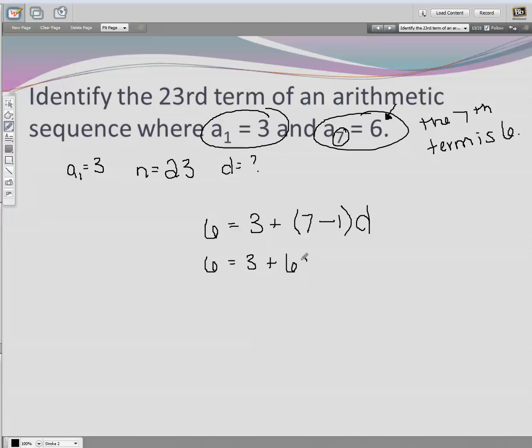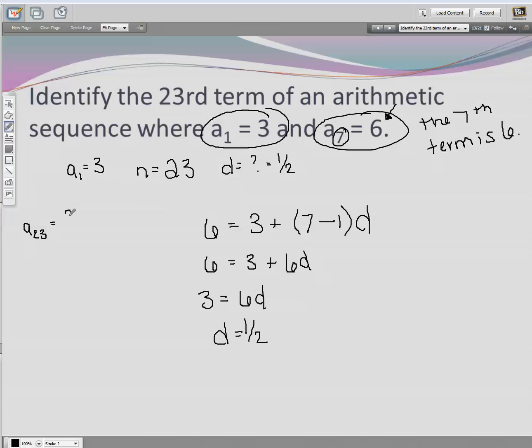Okay, let's work backwards to solve for d. So we're going to subtract 3 from both sides, divide by 6, and we get d equals 1/2. Okay, so now we know what d is. We can go and we can figure out what the 23rd term is.